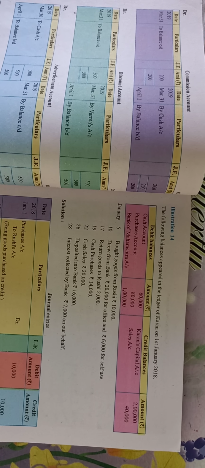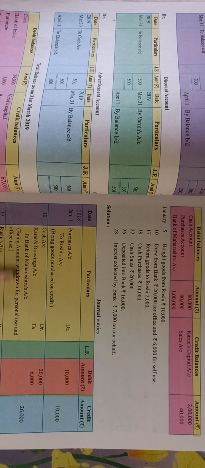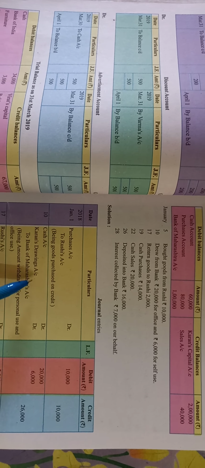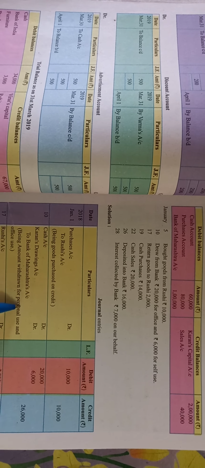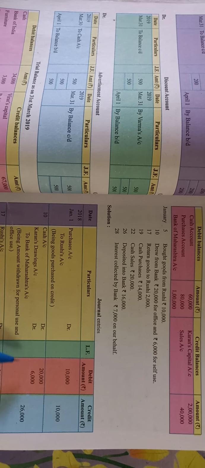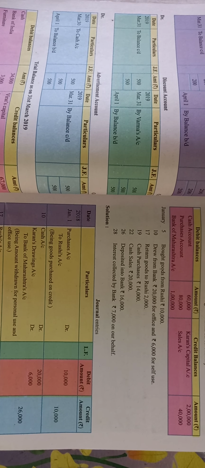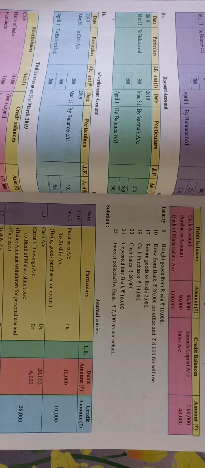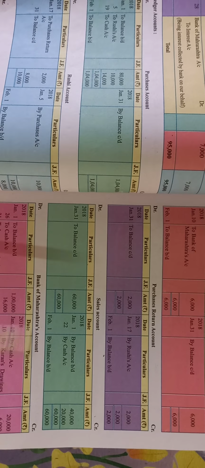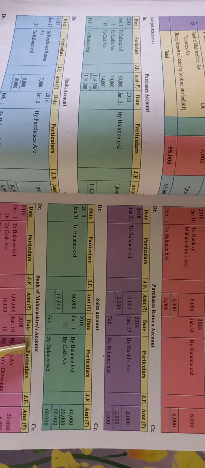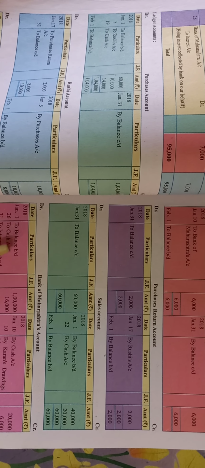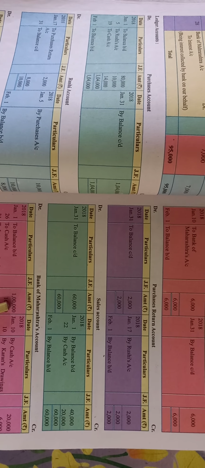Then another account, that is Bank of Maharashtra. As usual, we have to make a tick here. Okay, here also we have to make a tick, here also we have to make a tick. Then to Bank of Maharashtra, credit side 26,000. But before that, the balance is given: Bank of Maharashtra account debit balance is given. So here Bank of Maharashtra account, debit side we have to write the balance: January 1st to balance brought down 1 lakh rupees.